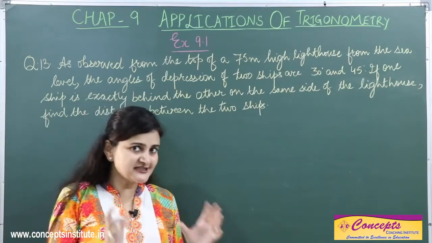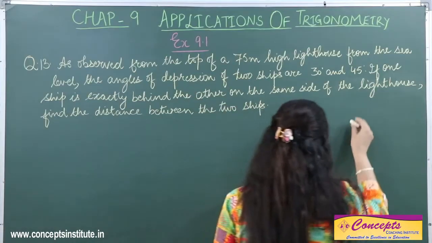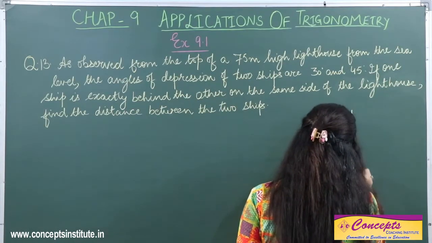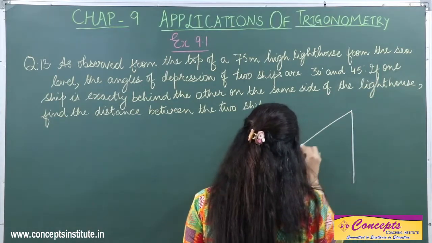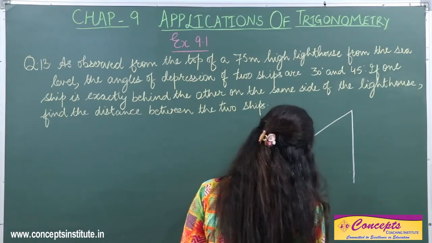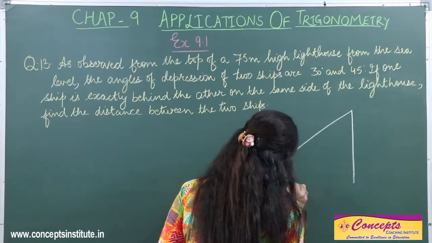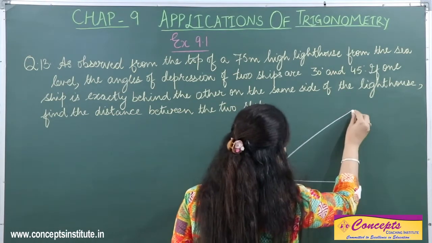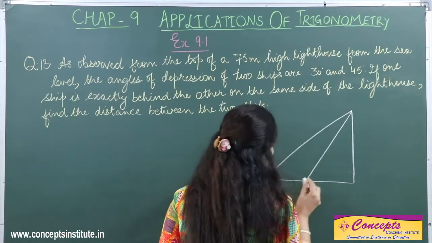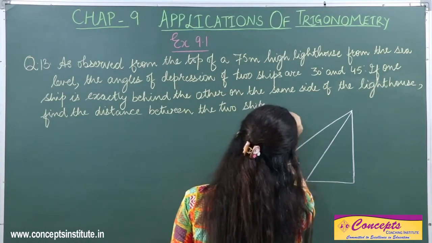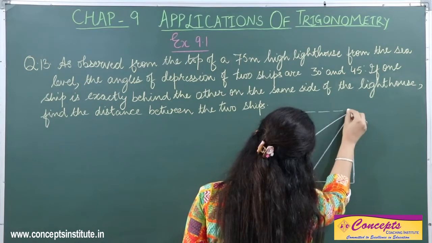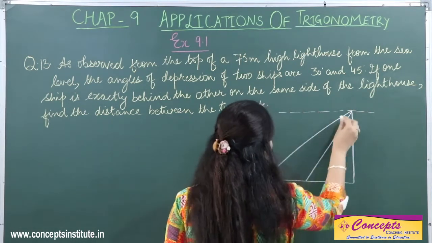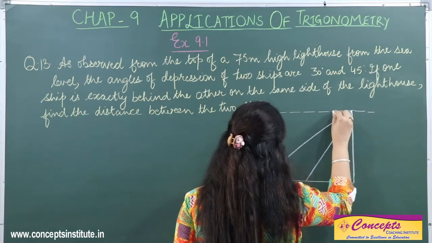Now let's imagine this situation by making a figure. Let's say this is the lighthouse, and there are two ships on the same side of the lighthouse. Since we have the angles of depression, we have to make a horizontal here, and these would be the angles of depression.